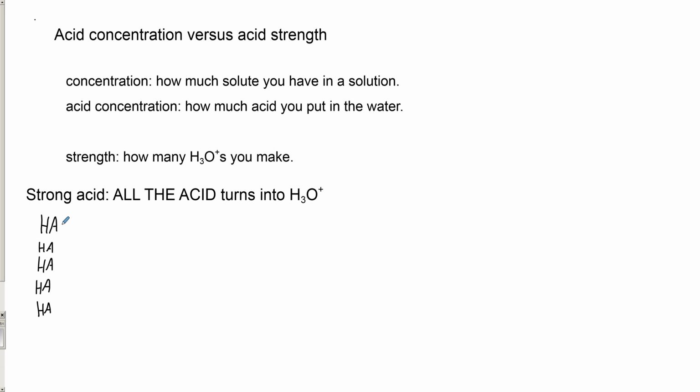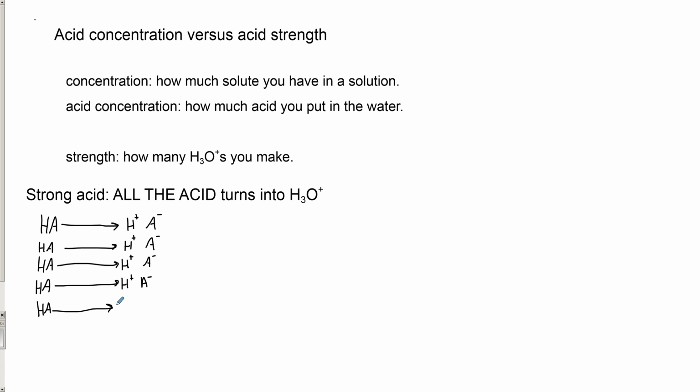So in a strong acid, all of these are going to ionize. And when they ionize, of course, they turn into H+ ions. And they also turn into whatever is left.